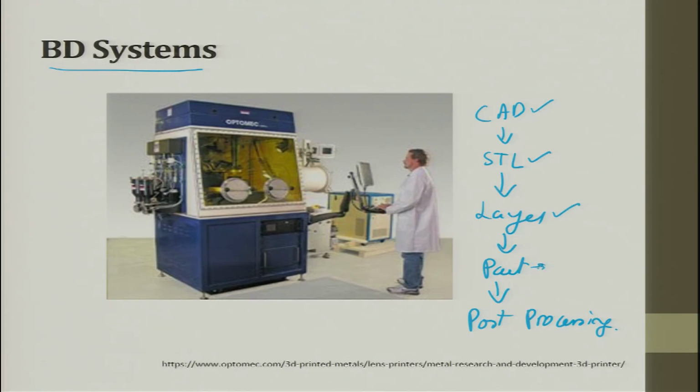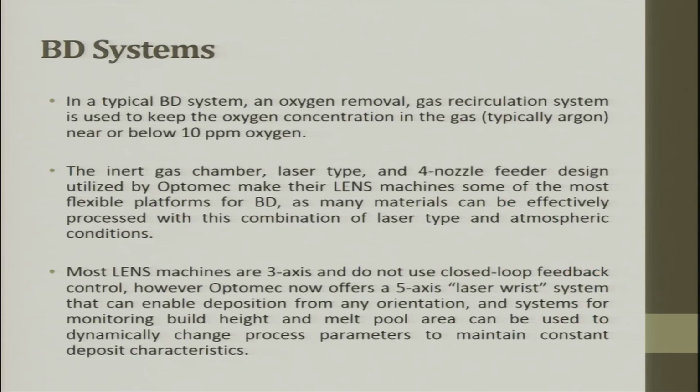The part geometry is getting developed in this machine, where we use metal wire, or a wire feeder for doing it. In the typical DED system, an oxygen removal or a gas recirculation system is used to keep the oxygen concentration in the gas nearly below 10 ppm oxygen.